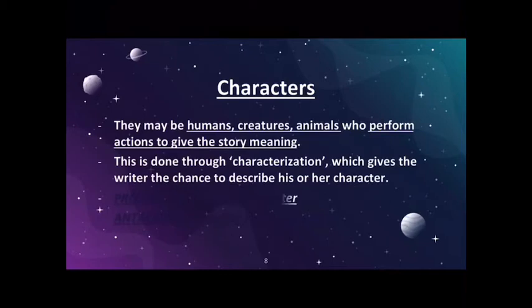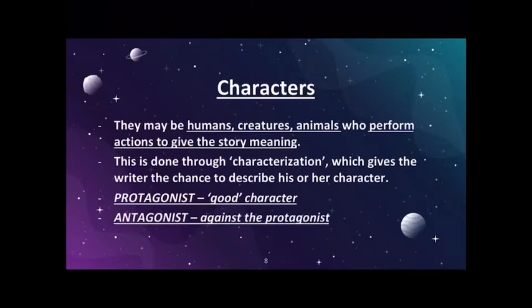So we have two types of characters usually when we are writing a story, and we call them the protagonist or the good character, or the antagonist, those who are against the protagonist, so they are not necessarily bad characters. So sometimes bad characters are also considered protagonists depending on the story itself.